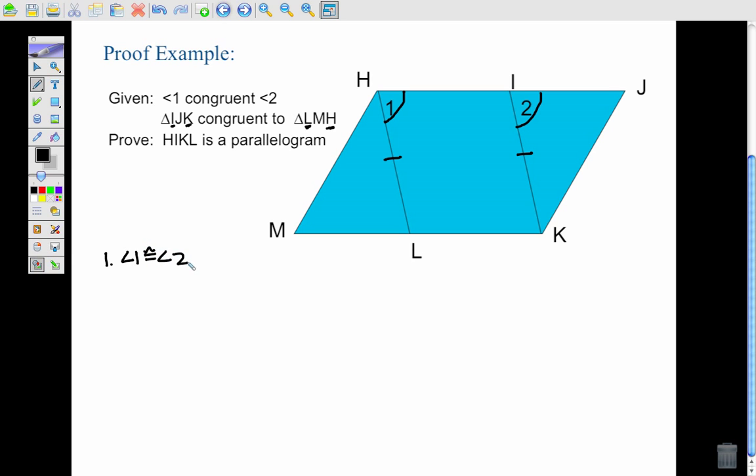Let's start out with angle 1 is congruent to angle 2, and that is given information. And then we decide, what does that tell us? As far as a parallelogram, how does that information help us?